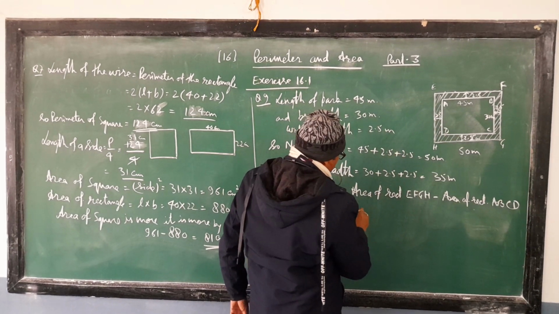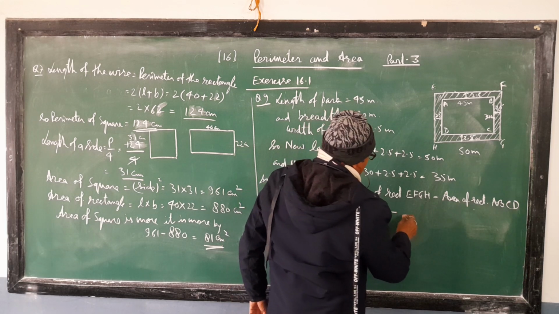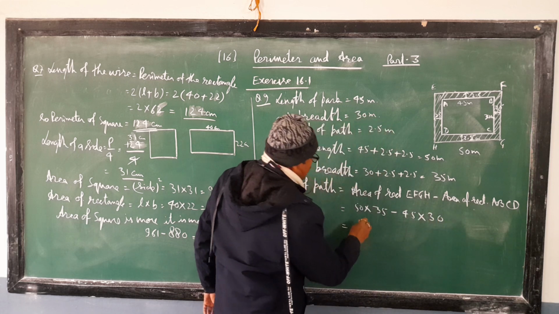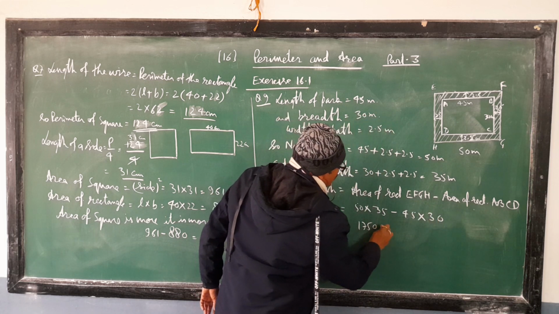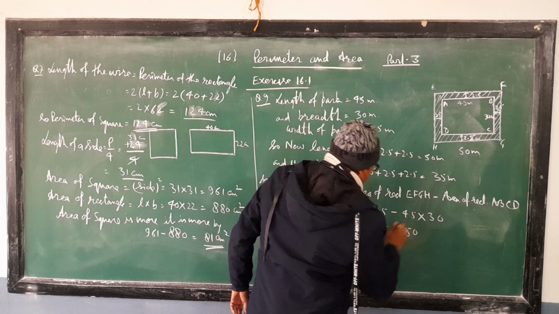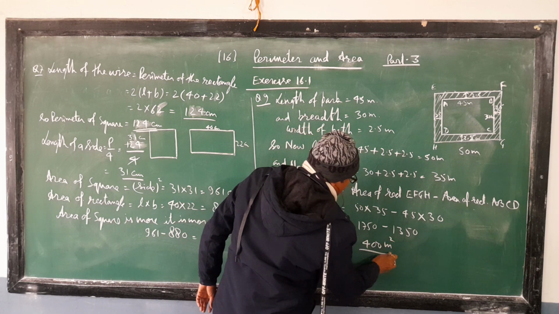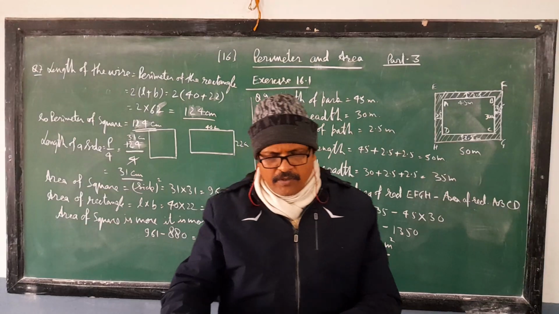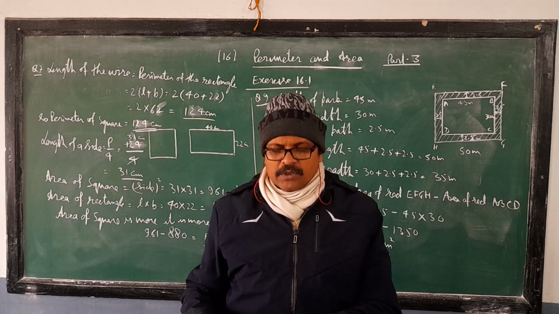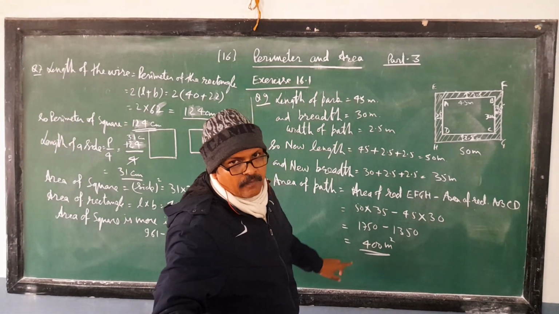So 50 into 35 minus 45 into 30. It will be 1750 minus 1350, 400 meters. What they have asked is the area of the path. So how much will it come? It will come 400 meters square.